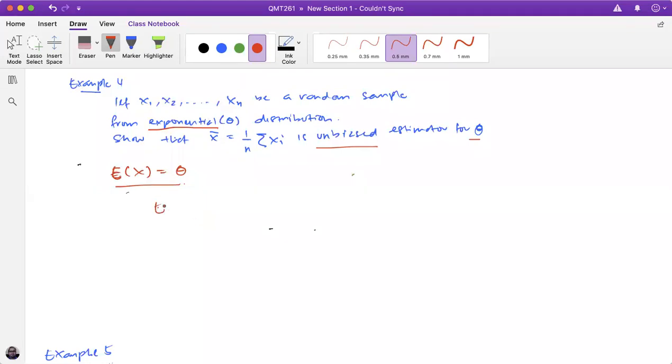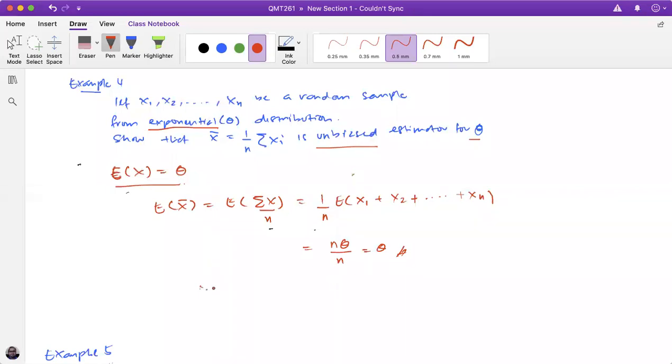So to find the expected value of x bar, it should be expected value of summation of x divided by n. This one should be 1 over n, expected value of x1 plus x2 until xn. So this one is going to be n theta divided by n, which is equal to theta.